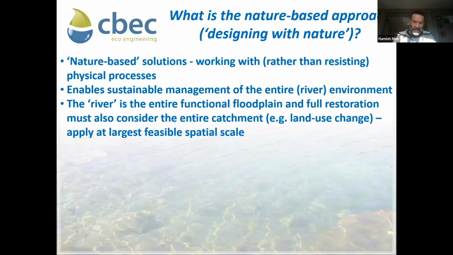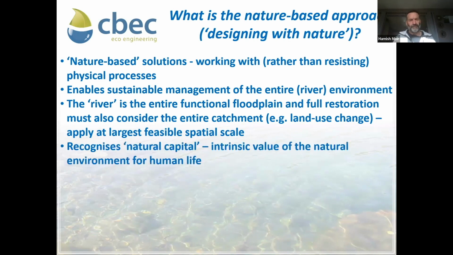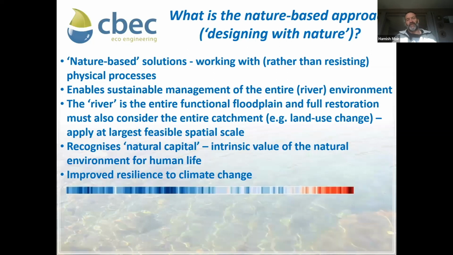So often, restoration at the entire catchment scale is just not feasible for various constraints that I'll go into, but we always need to try and apply the largest feasible practicable scales to deliver a nature-based type of solution. The approach recognises the natural capital in river environments, the intrinsic value of a natural environment for human life, and importantly provides improved resilience to climate change.